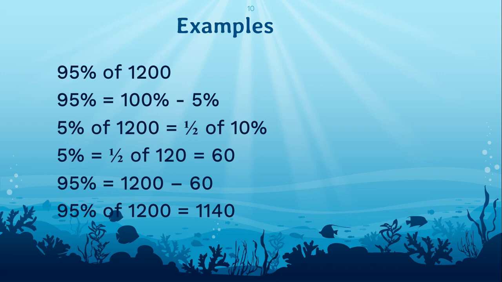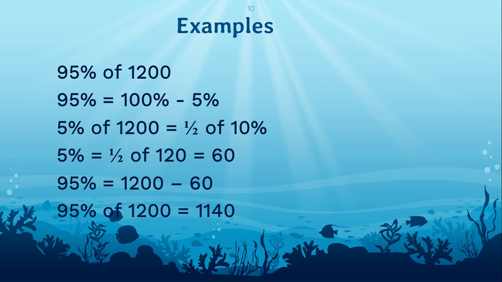Now for our last example, I'm bringing the first problem that we had earlier. So using this shortcut, how do we find 95% of 1200? 95% can be transformed into 100% minus 5%. So we all know that 100% is equal to the base, which is 1200, so we don't need to solve for it.